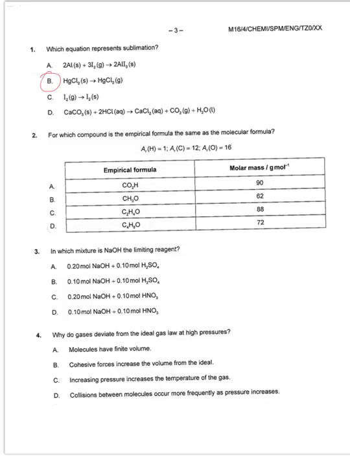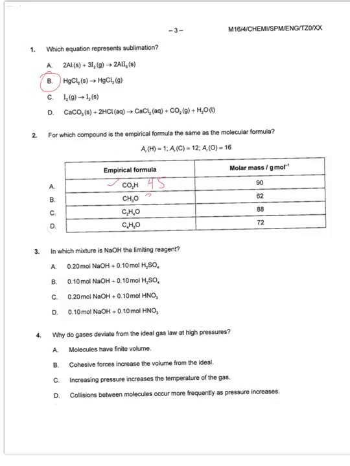Question number 2, for which compound is the empirical formula the same as the molecular formula? When you look at the molar mass here, it would have to be the same molar mass as what the empirical formula would give you. So in your head, you've got 12 plus 32 is 44, 45. So that one's not going to work. It's twice as much. B, you've got 12, 15, 31.